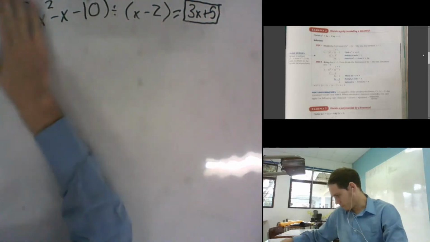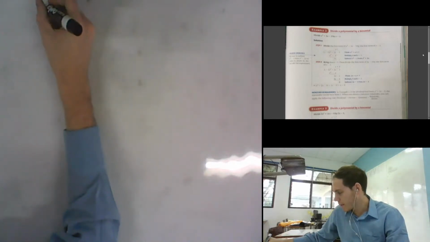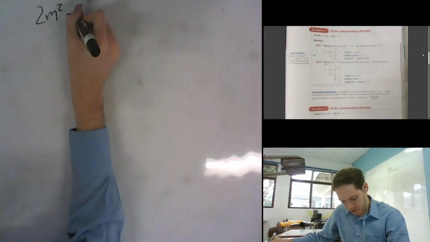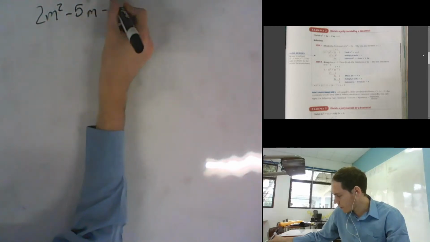Okay. Our question is 2m squared minus 5m minus 12.